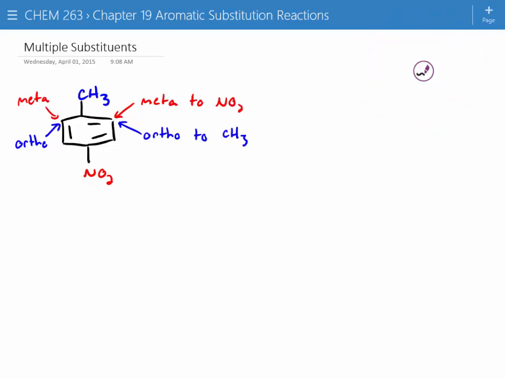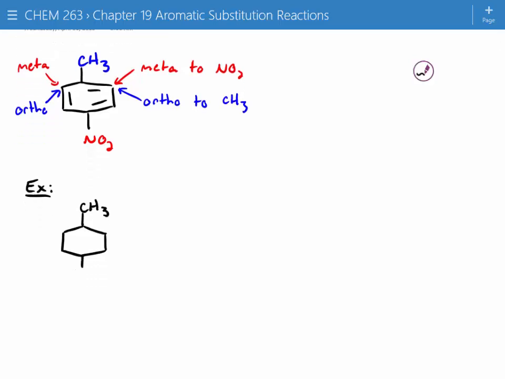All right. So we've done our analysis here. Let's say that we take this compound and we tried to do a halogenation or an electrophilic aromatic halogenation with bromine and iron tribromide.